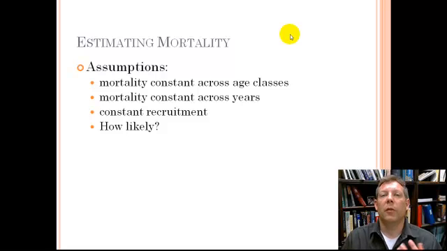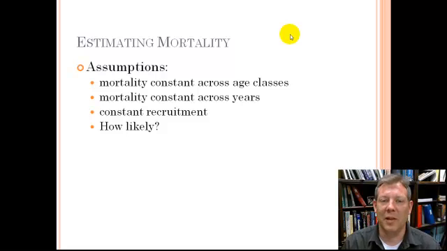Now, the question is how likely is this to happen in a real population? Well, that's the rub. You can sort of assume that mortality across age classes might be the same for the adult fish, but you have to think about what happens when those fish get to a certain size where they start being recruited by the fishermen. And so the mortality might go up, right?